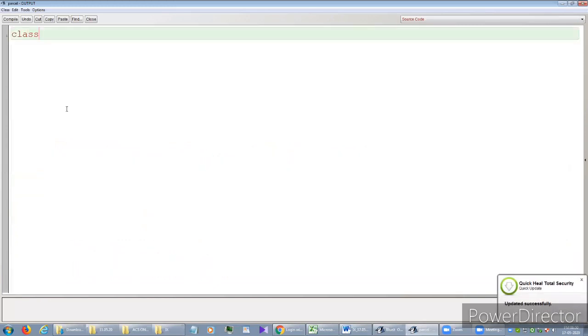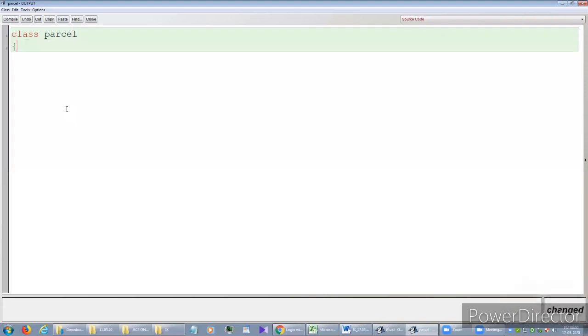Please tell me, is this font size okay for you all? Yes, sir. So the class name is given Parcel. If you have any doubt, you can zoom your screen, and you can see void main.